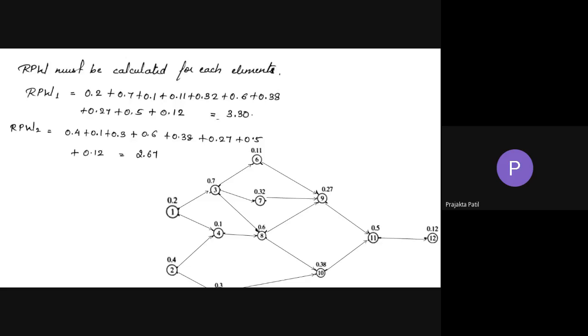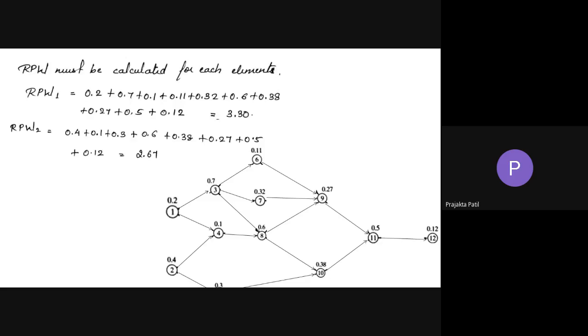Now I'm going to calculate the RPW value, that is ranked position weight, for the first work element. This is our first work element, having the Tek value of 0.2. The RPW value will be calculated by summing all the values that follow this work element.